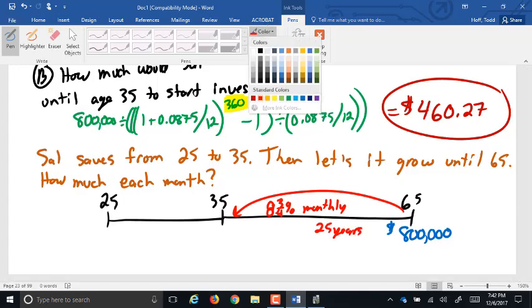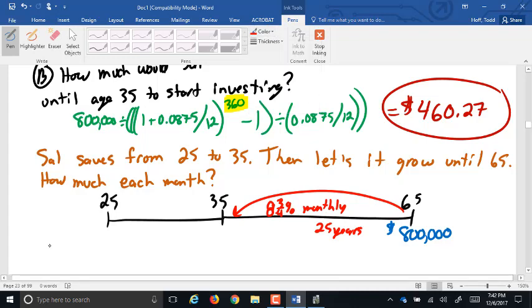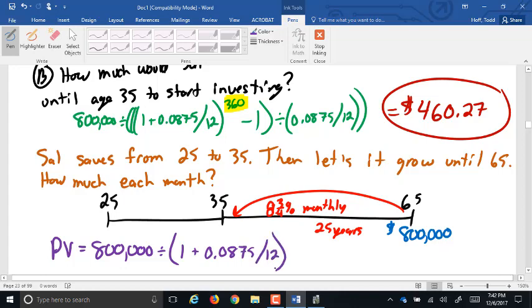So that's going to be a present value compound interest. So 800,000 divided by, only one parenthesis again, 1 plus 0.0875 divided by 12 to the power of, that's not 25 years, it should have been for 30 years, shouldn't it? Sorry about that.